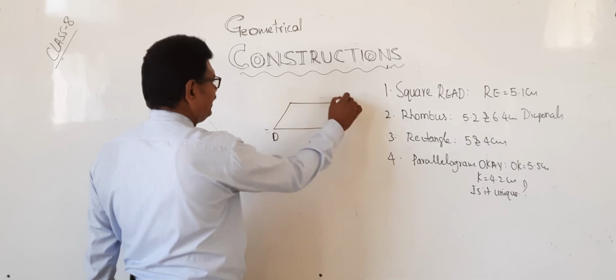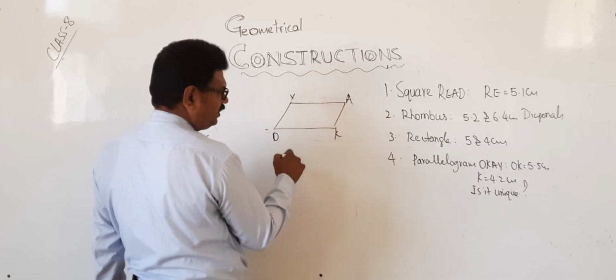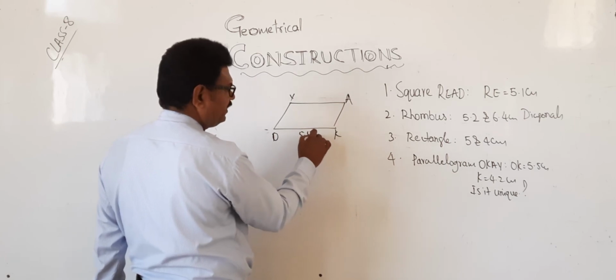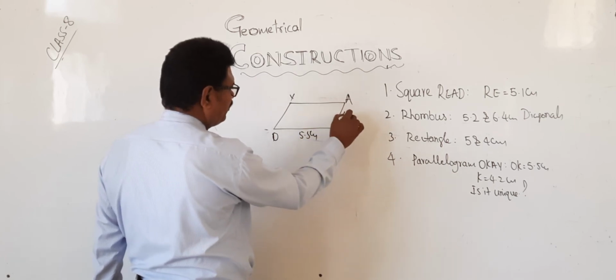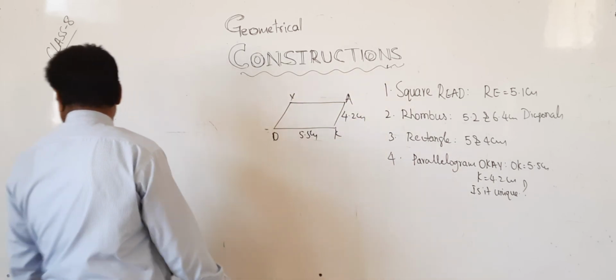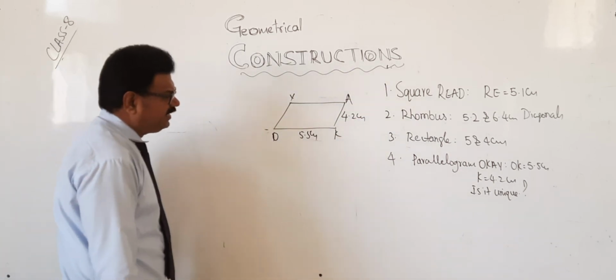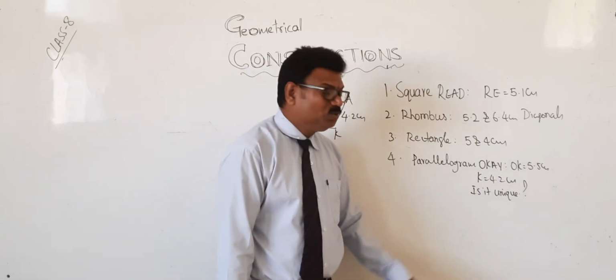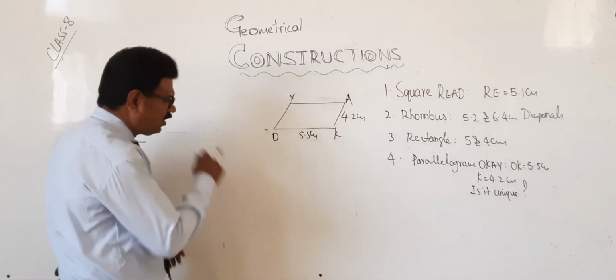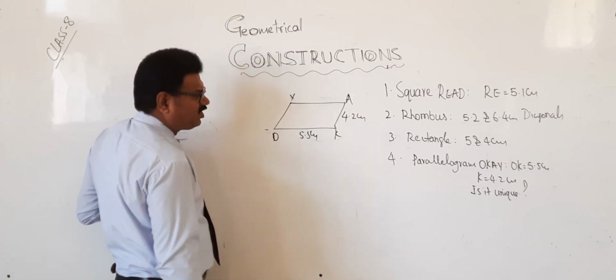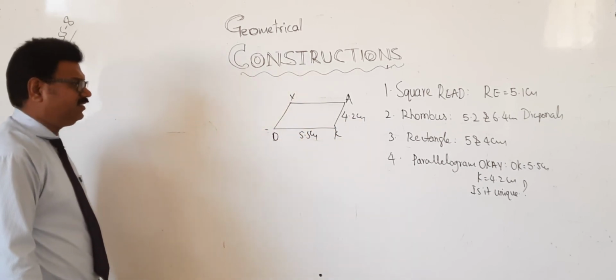Here he has given OK as 5.5 centimeters and KA as 4.2 centimeters. Now, is it possible to construct? You tell me first of all. And he has asked, is it unique? It is not unique, because only two sides are given; angles or diagonals are not given.